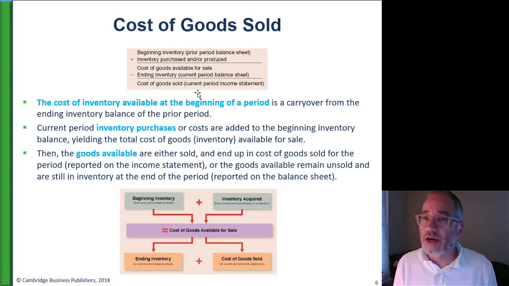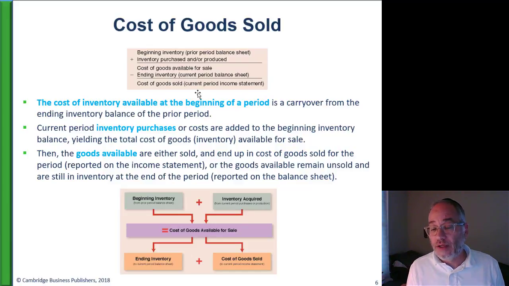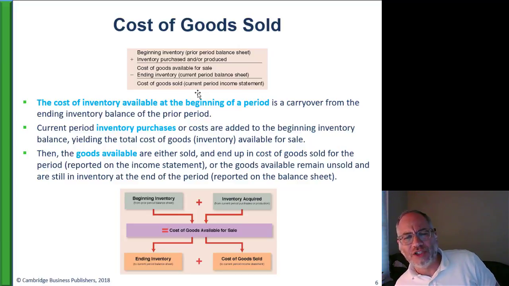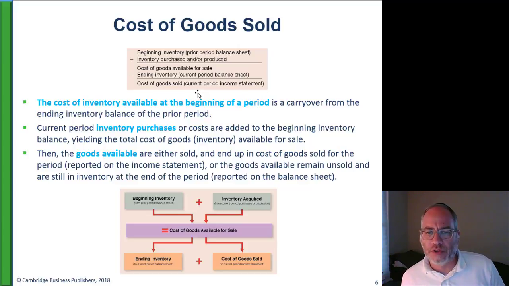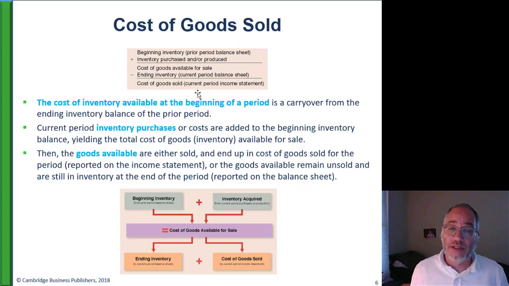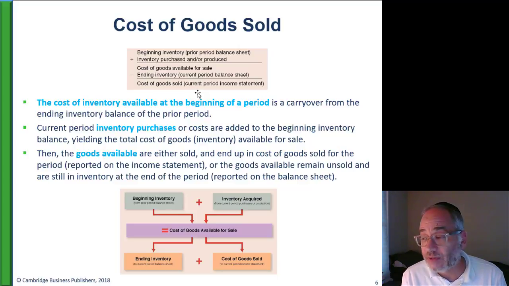So once you have your cost of goods available for sale, part of those goods are still here, that would be ending inventory, and the rest of them were all sold, that would be cost of goods sold. So that's the logic behind this formula. Beginning inventory plus inventory purchased equals cost of goods available for sale. That's everything that was available during the year, minus ending inventory gives you cost of goods sold.